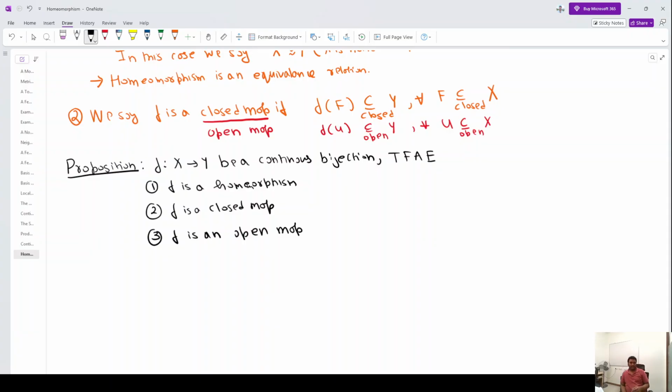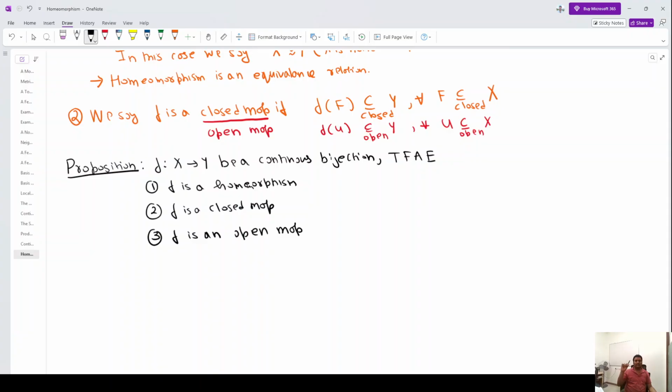See, this is an important proposition. Why? It might not always be possible to compute inverses. We will see examples when we learn compact and Hausdorff spaces. It's calculative. So this tells me, if you know it is continuous and it is bijective, then just look if it is a closed map or an open map.